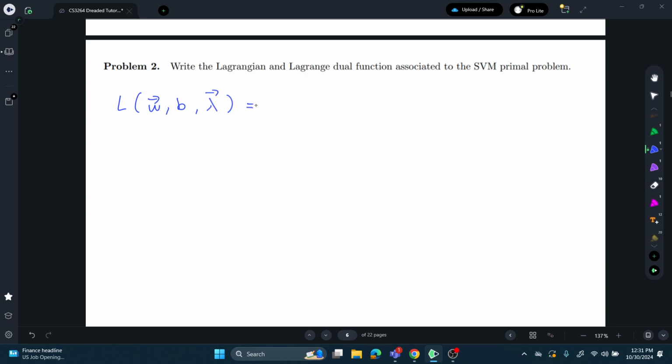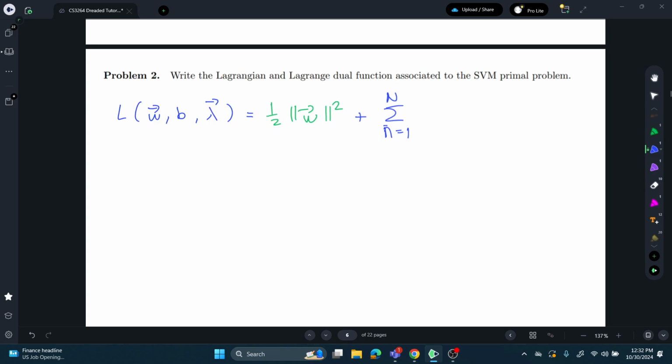I can just write, this is my objective function. My objective function is simply my 1/2 ||w||squared. Then I will do plus the sum from n equals 1 up to capital N, for every single inequality constraint that is there. So the inequality constraint must be satisfied for every single sample, right?